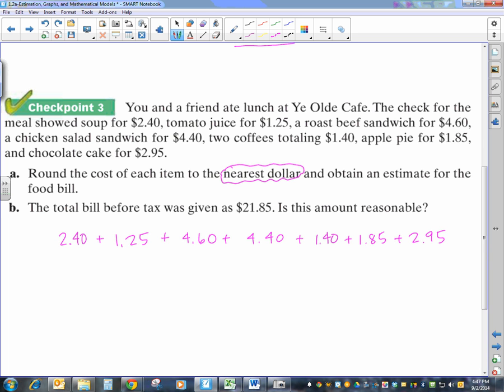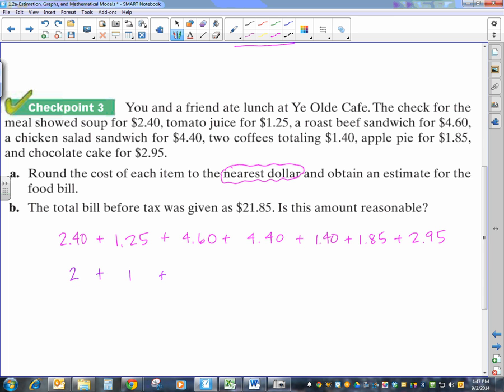And what I need to do is take each of those and round them to the nearest dollar. Hopefully you're all familiar with the fact that for $2.40, I just need to look and see if that cents is more than half a dollar, which is 50 cents. So if it's less than 50 cents, it's going to stay what it is.